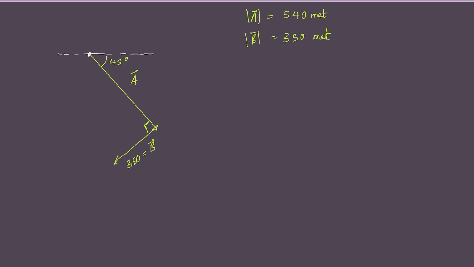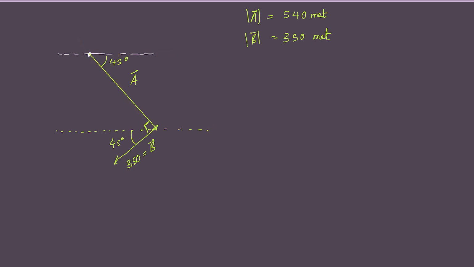The angle B makes below this horizontal will be 45 degrees as well, because this line is parallel to this line, and a line intersects those two lines. That's why this angle will be equal to this angle.